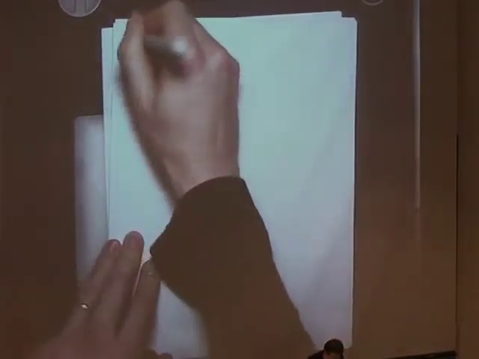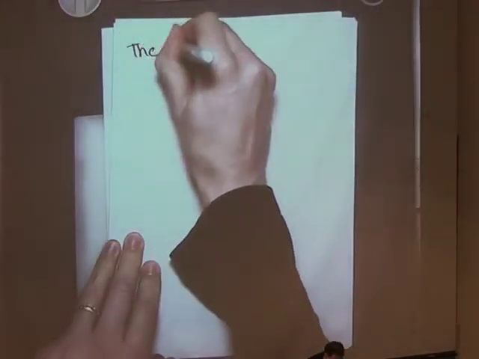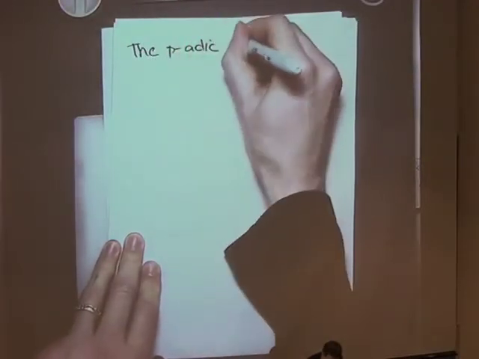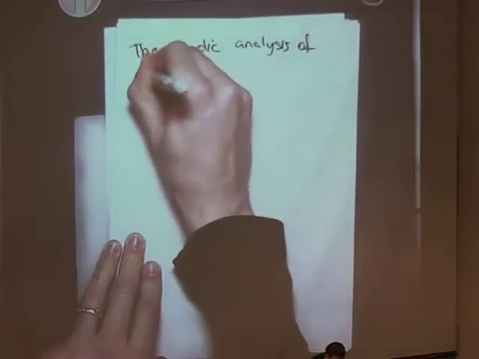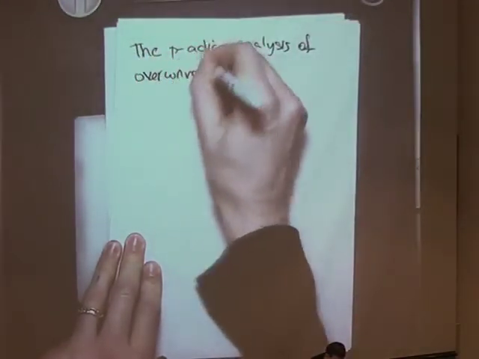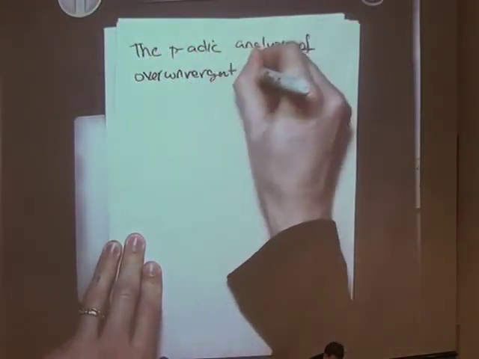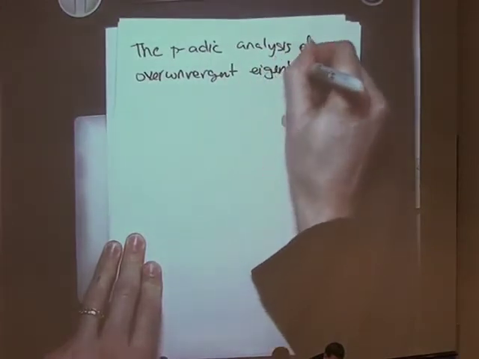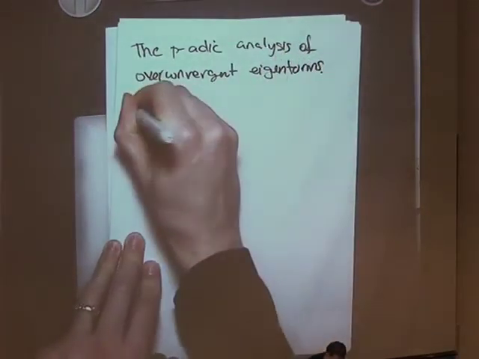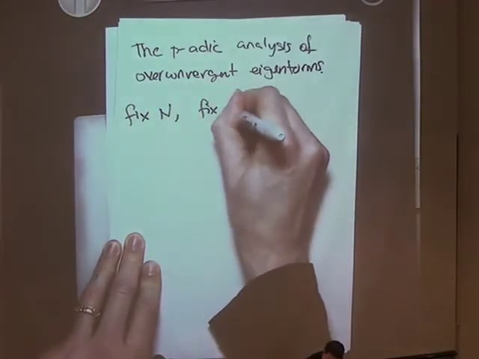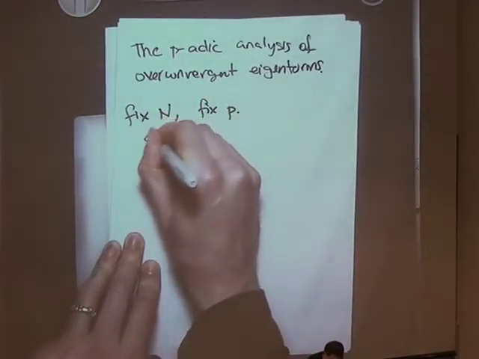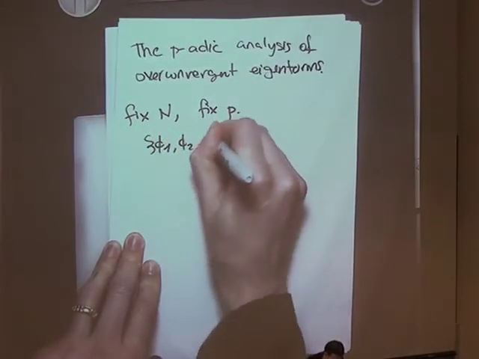So just as a very basic question, you might want to understand something about the p-adic analysis of overconvergent eigenforms. So we're in a situation where we fixed an n, we fixed a level, and we fixed a prime, and then we have this countable collection of eigenforms.